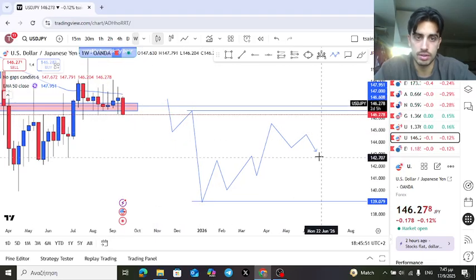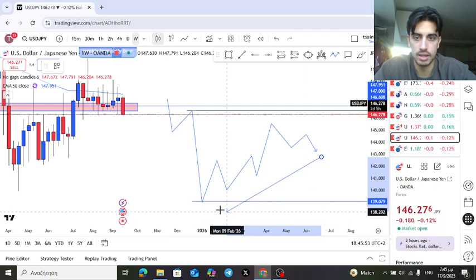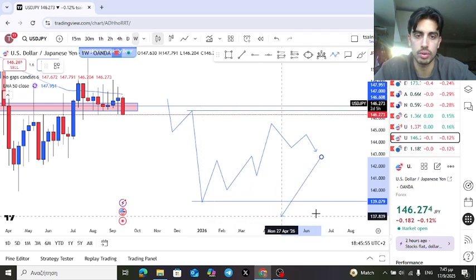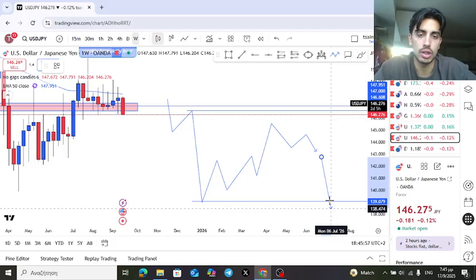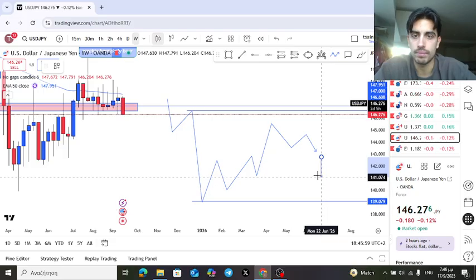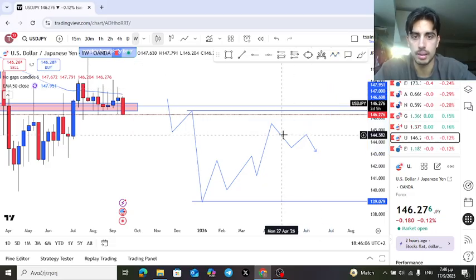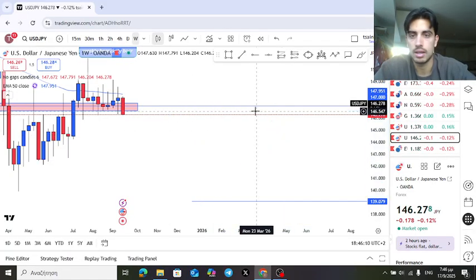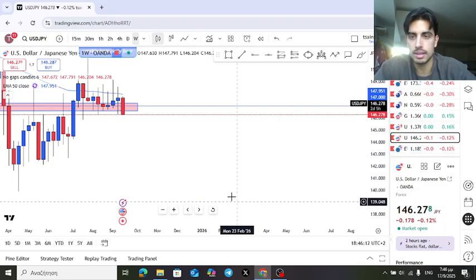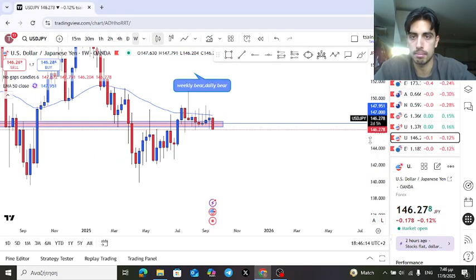If price goes below that, then we have a continuation and we have a new lower high and lower low. If price then decides to go above, then we have a break of structure and we become bullish. But until either of those two happens, we remain bearish.